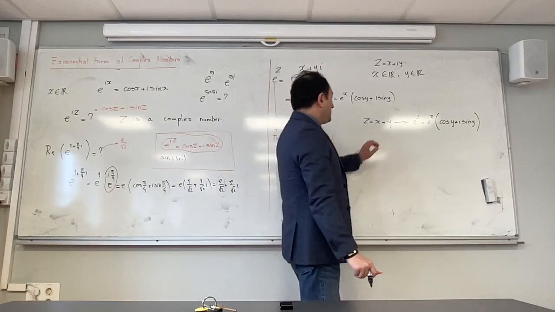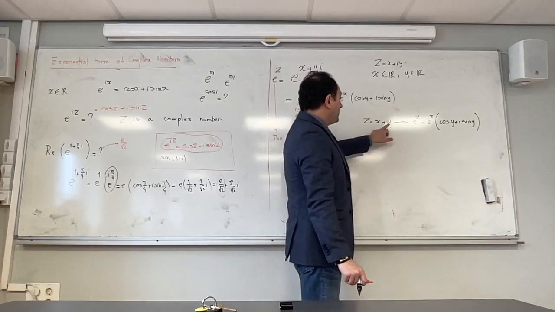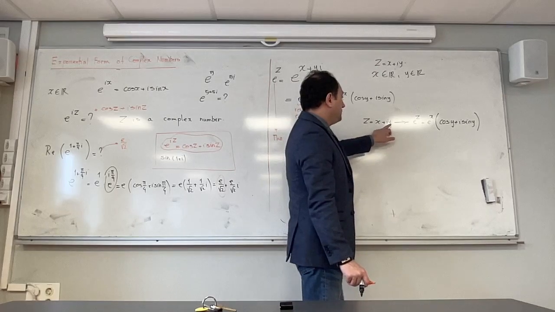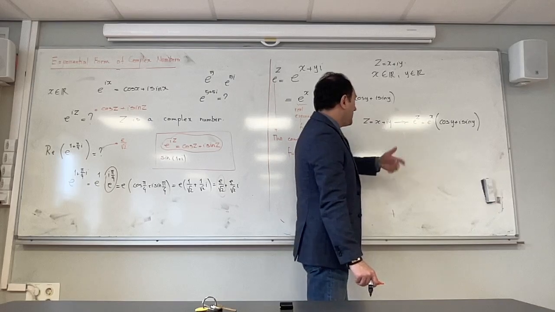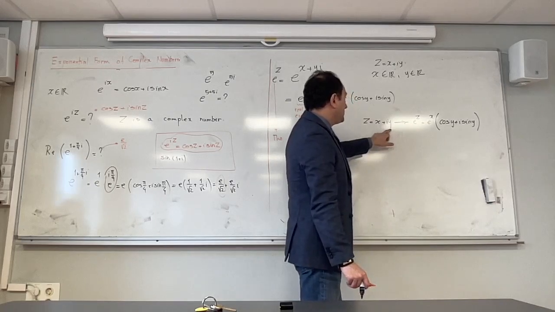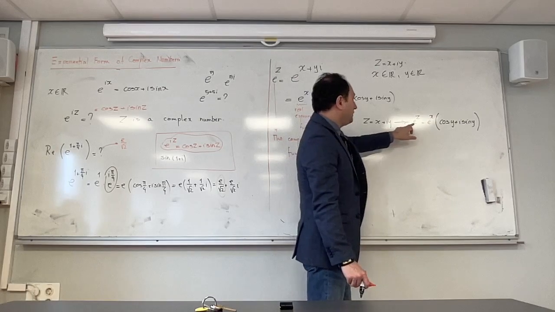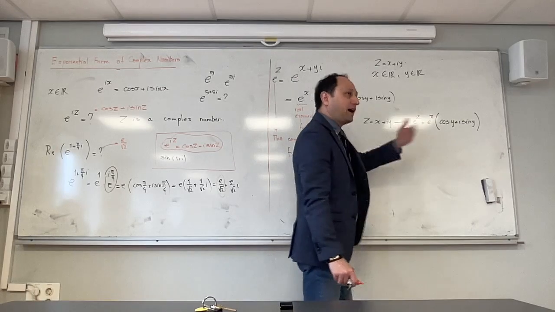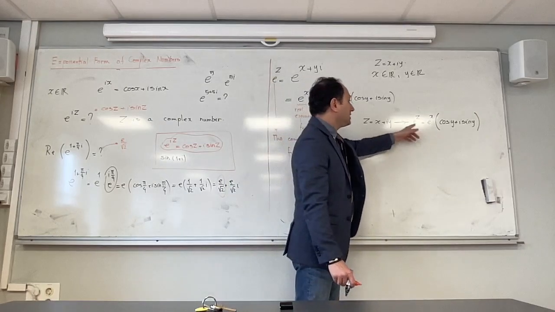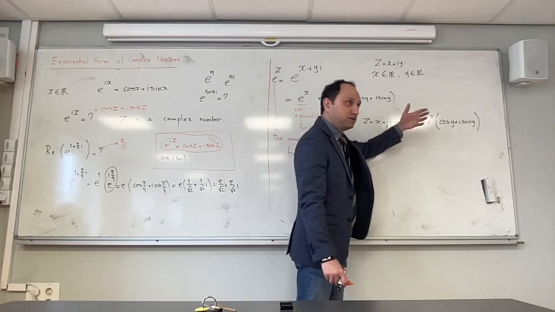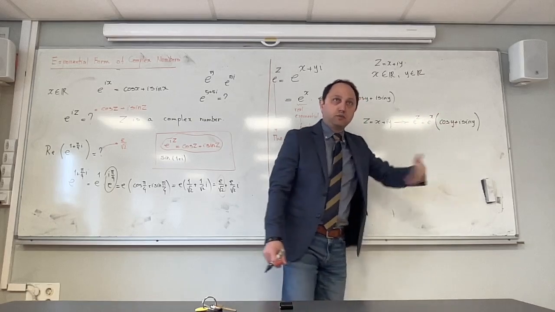Okay? So, what do you expect if y is 0? If your definition is a consistent definition, you expect that if the imaginary part is 0, the definition of the complex exponential function goes back to the definition of the real exponential function.